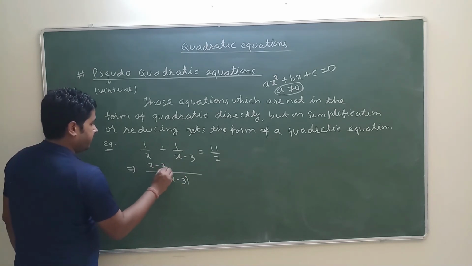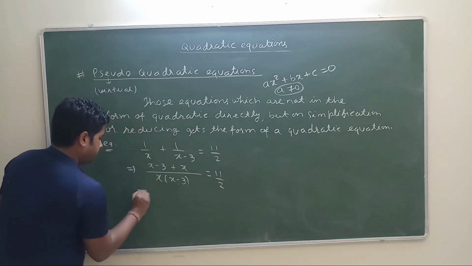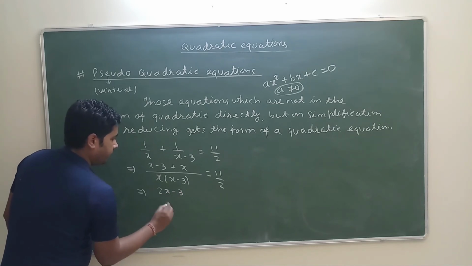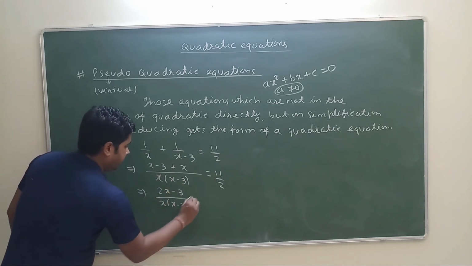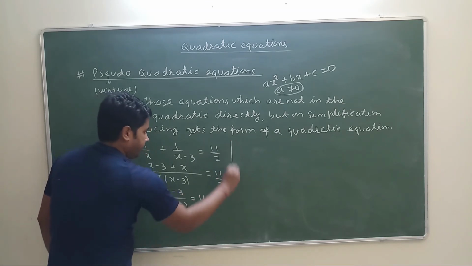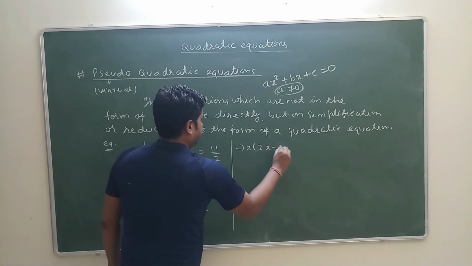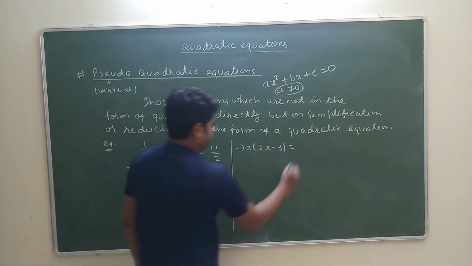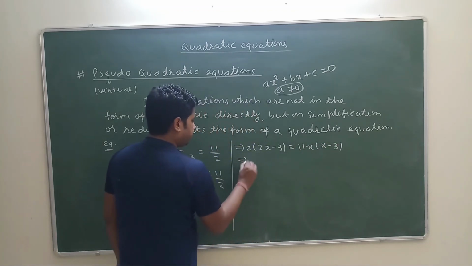This will be x minus 3 plus x, which is equal to 11 by 2. You can see this is 2x minus 3, so 2x minus 3 divided by x into x minus 3 equal to 11 by 2. When you cross multiply, 2 into 2x minus 3 is equal to 11x into x minus 3.